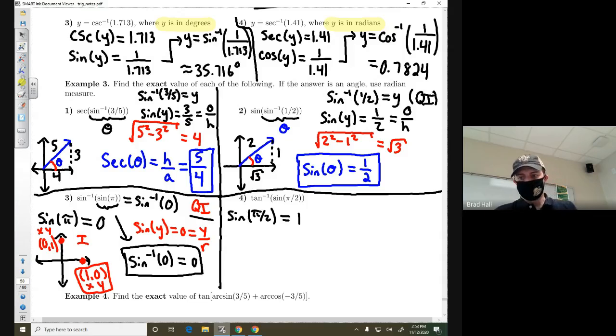So we can already simplify this to tan inverse of positive 1, which brings us right back to the set of problems from the beginning of the section. And since we are taking tan inverse of a positive number, you could use the table or not. Anytime you take tan inverse of a positive, you're going to be drawing a triangle in quadrant 1.